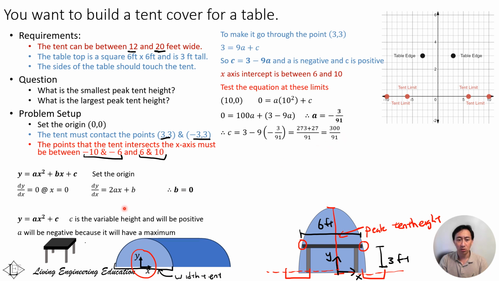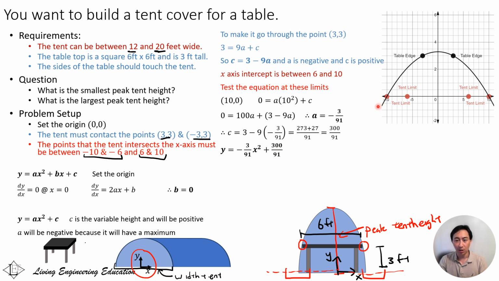I can plug them into the quadratic equation form and see my equation: negative 3 over 91 x squared plus 300 over 91. If I graph this, this is what we get. So this is my peak tent height for this intercept location. So that's one of my limits.